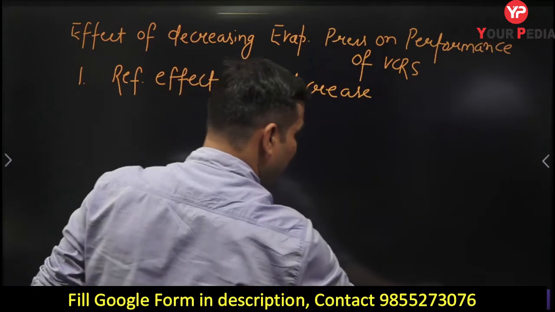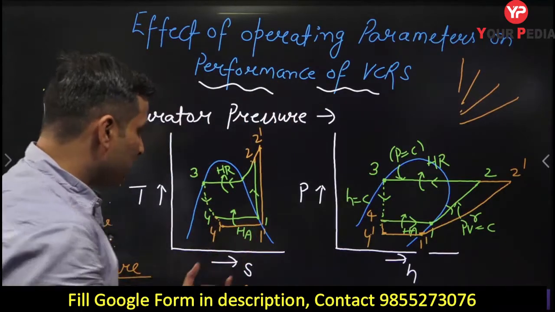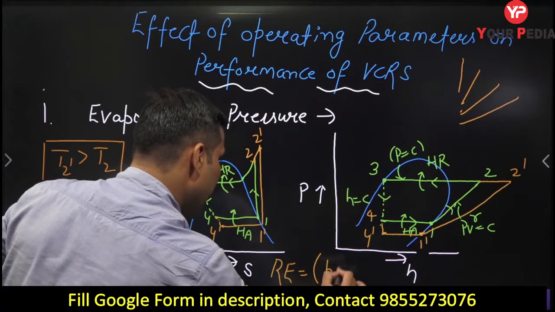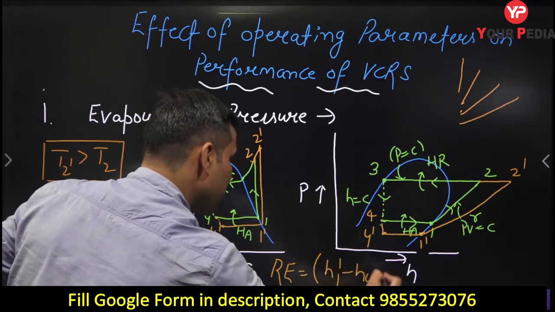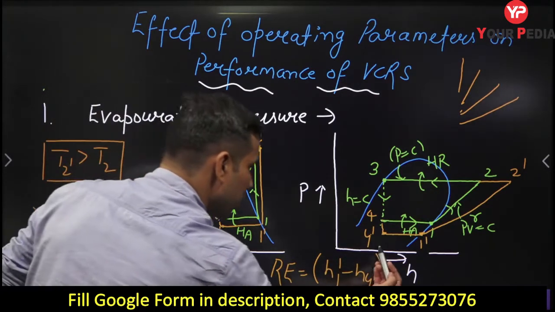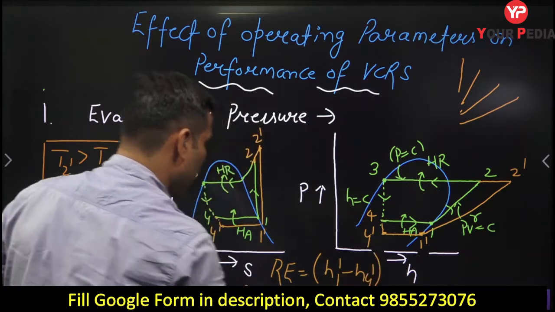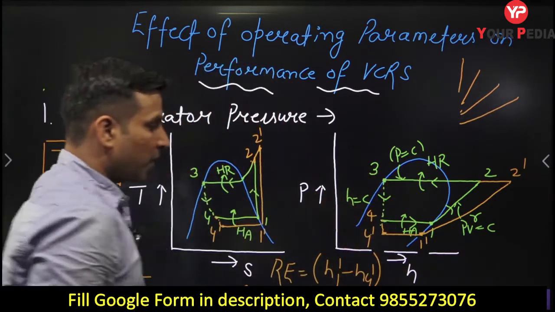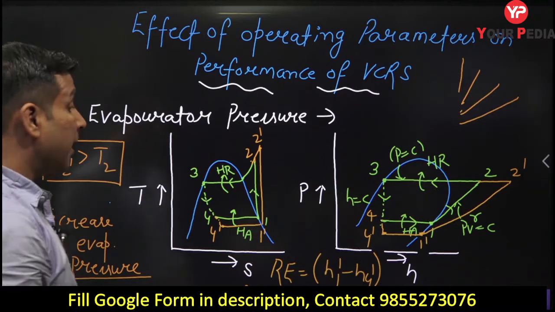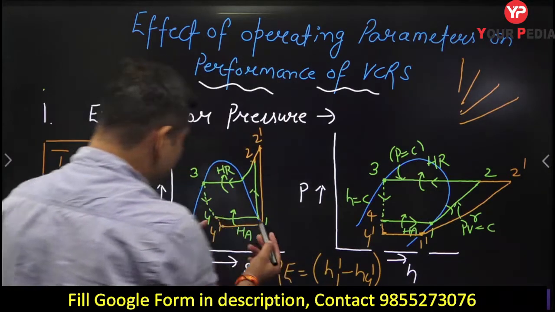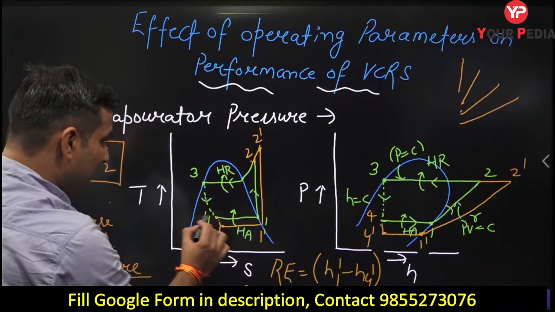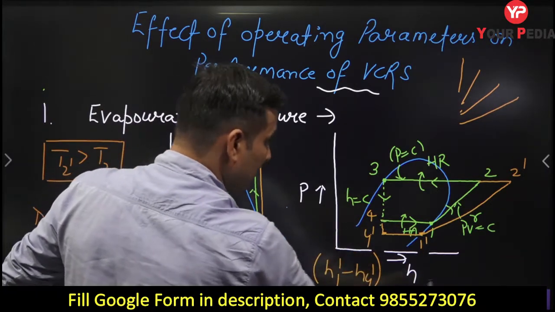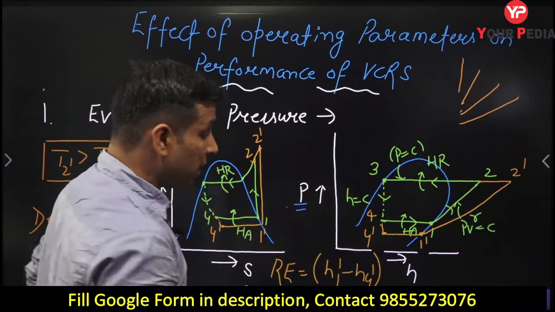If you decrease the evaporator pressure, from this also you can observe what the refrigeration effect is, guys. Refrigeration effect will be H1 dash minus H4 dash, yes or no? H1 dash minus H4 dash, this is the refrigeration effect. So it will decrease. You can easily observe from this diagram. In this earlier case, because this is the enthalpy diagram, the pH diagram, it is easy to observe the refrigeration effect.